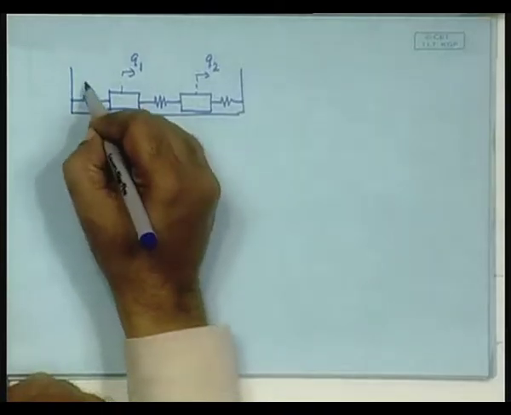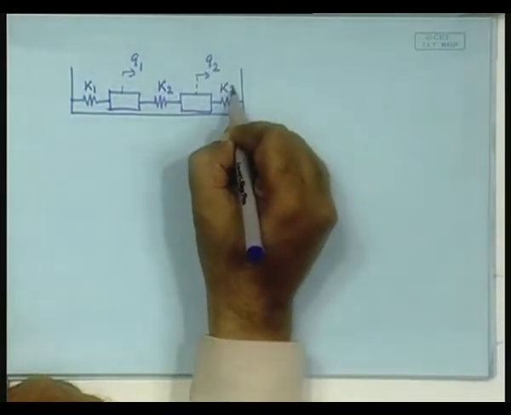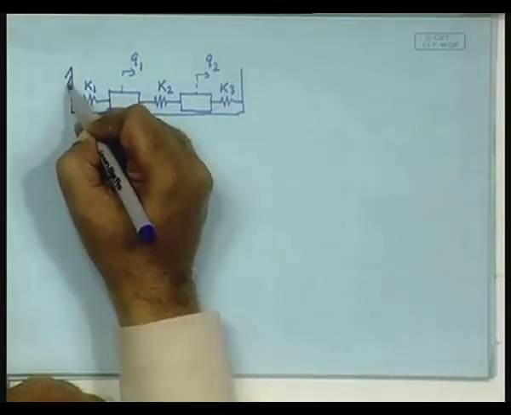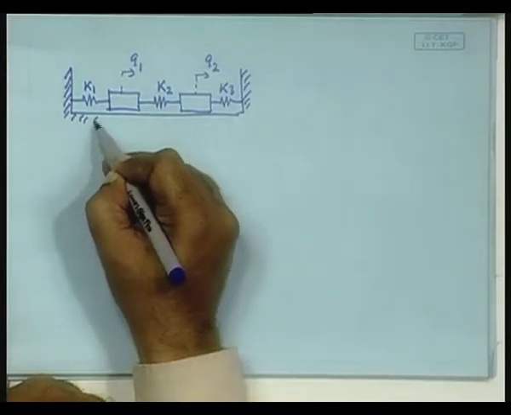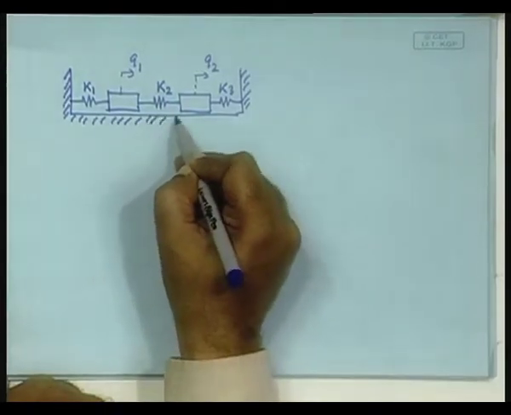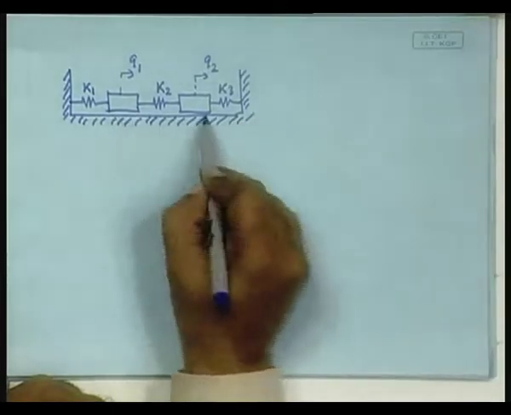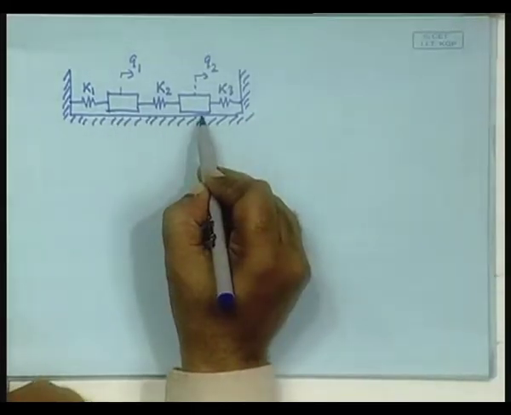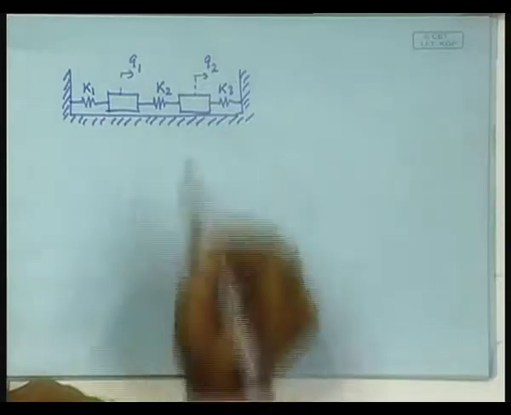We had said this was k1, this was k2 and this was k3, and this is the wall and this is the base. Earlier when we were solving this problem, we said that these two surfaces are perfectly frictionless, but now let there be friction. Let us see how you would do it.